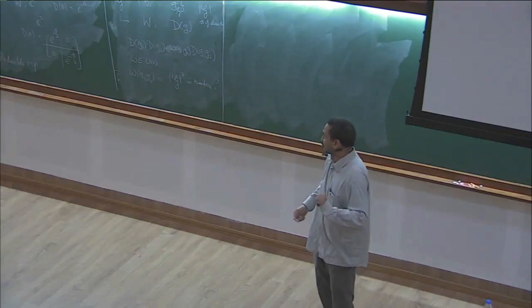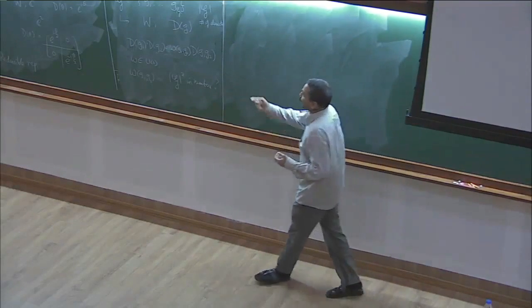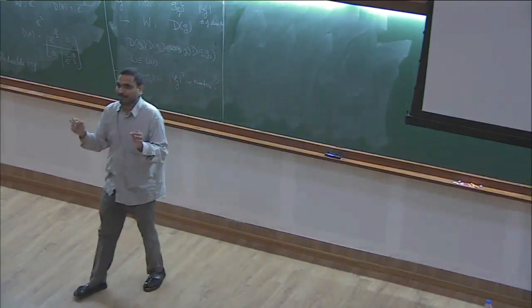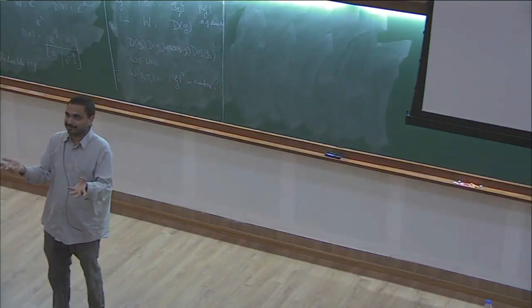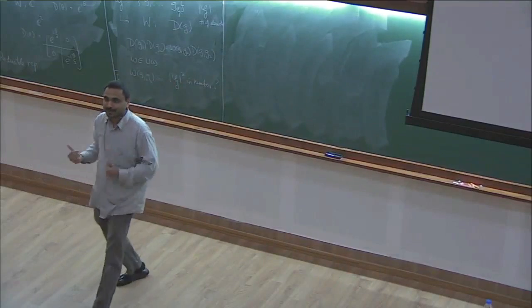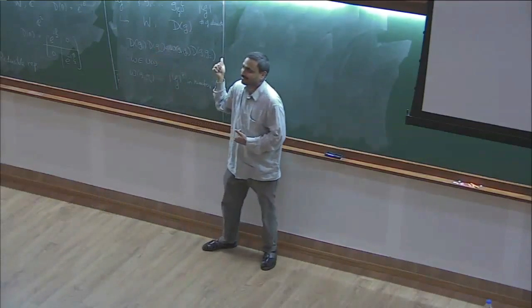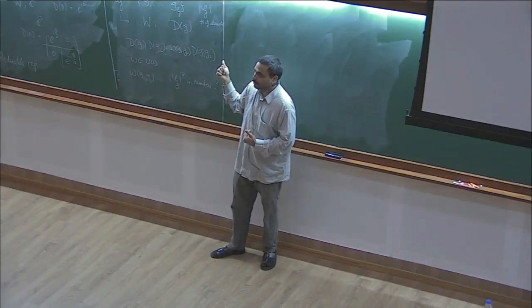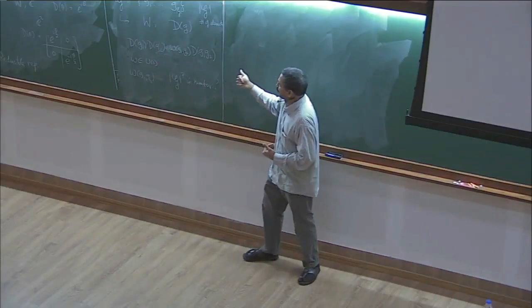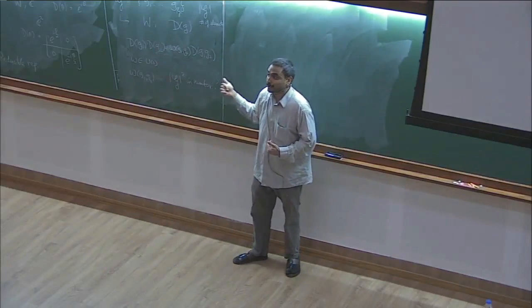Okay, we need to take a good guess. Group multiplication has a very important property, which is that it is associative. So you want that associative property to also go into this.